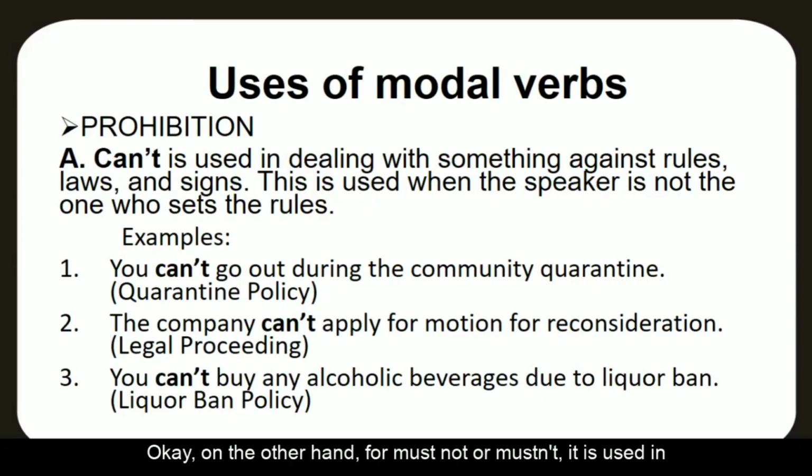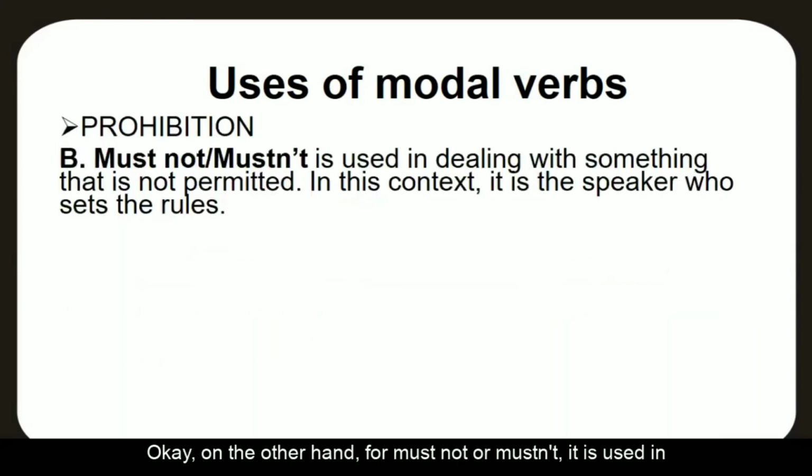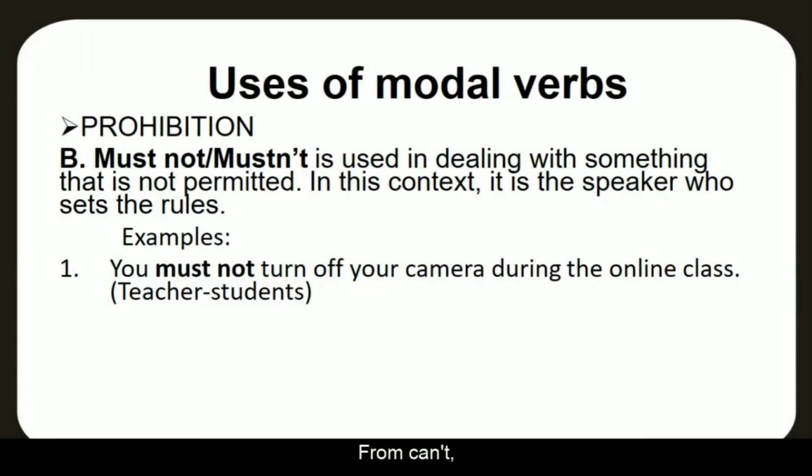Okay, on the other hand, for must not or mustn't, it is used in dealing with something that is not permitted. In this context, it is the speaker who sets the rule. Can't, it's the other speakers that set the rule.